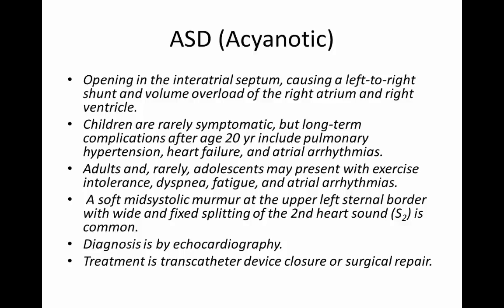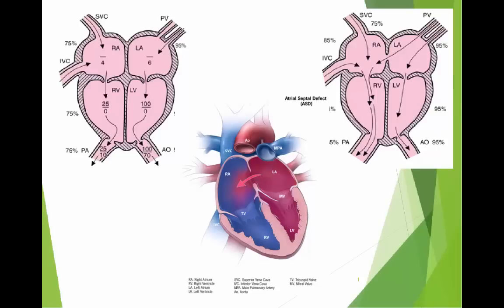So let's come here first. You have shunting because there's a defect in the interatrial septum, so the foramen ovale remains open. Because the pressures on the left side are higher than on the right side, the blood shifts from left to right initially.